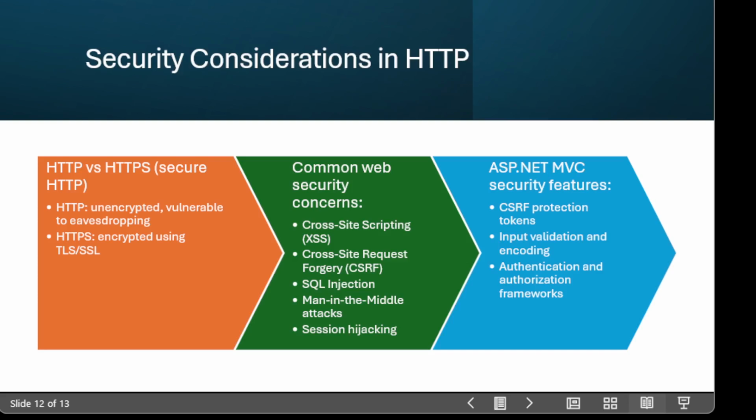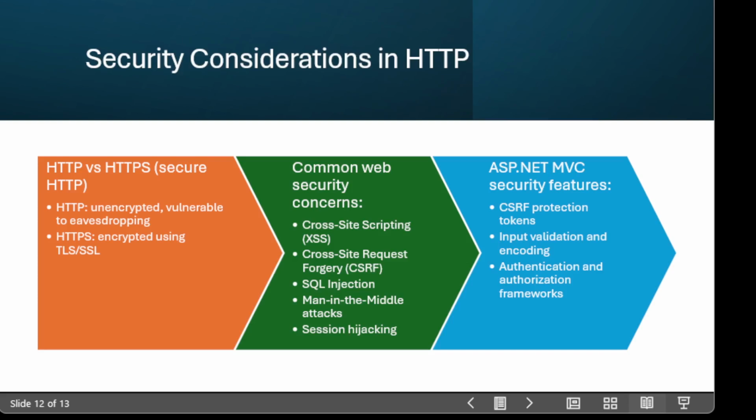Cross-site request forgery (CSRF) tricks users into performing unwanted actions on sites where they are authenticated. ASP.NET MVC provides anti-forgery tokens to prevent this. SQL injection attempts to execute malicious SQL commands by manipulating input data. This can be prevented using parameterized queries and Entity Framework.